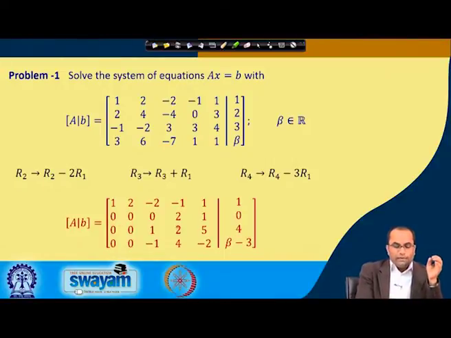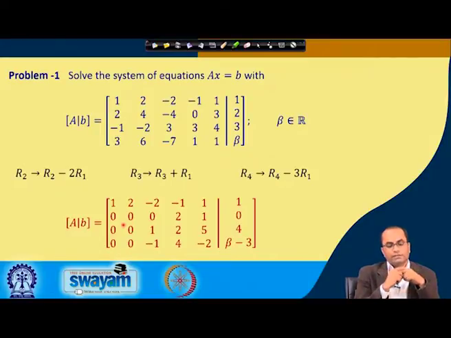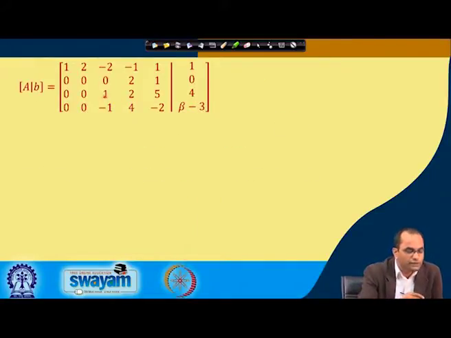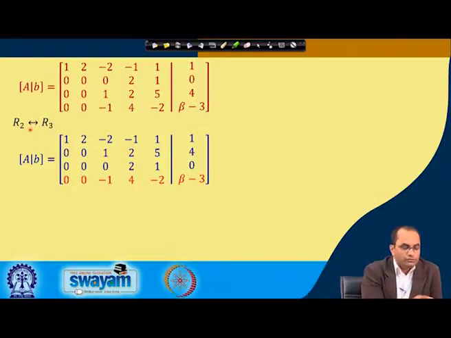Now what we realize here is that if we interchange the two equations, R2 and R3, we will already get a 0 at this place, and then we can set the other one also 0 to have this R3 0. So, looking at this, we will interchange these two rows, R2 and R3.